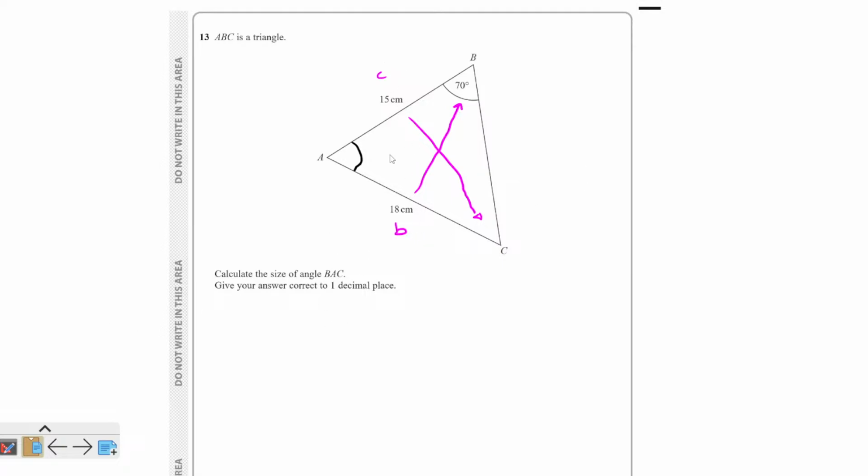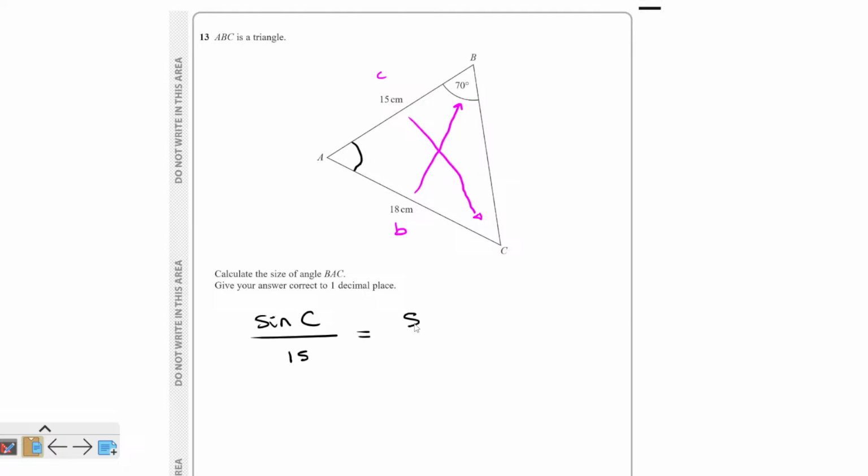I've labelled the sides with the opposite letter to the angle. Because I'm trying to find an angle, I need to use sine at the top of the fractions. Again, look at your formula sheet, it's on there. So sine C, because that's angle C, is over 15 as a side.